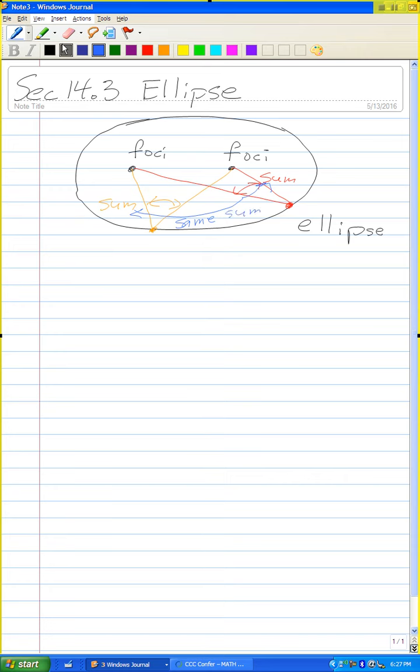So if you take any 2 points on an ellipse, then the sum of the distances to the foci will always be the same distance.